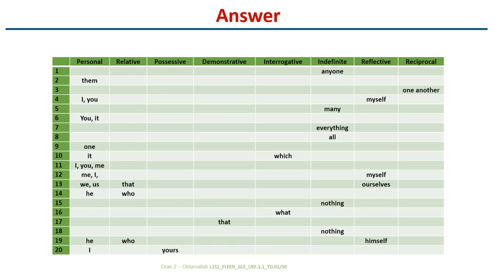Number 4, I, you, myself. 5, many. 6, you, it. 7, everything. 8, all. 9, one. 10, it and which. 11, I, you, me. 12, me, I, myself. 13, we, us, that, ourselves.